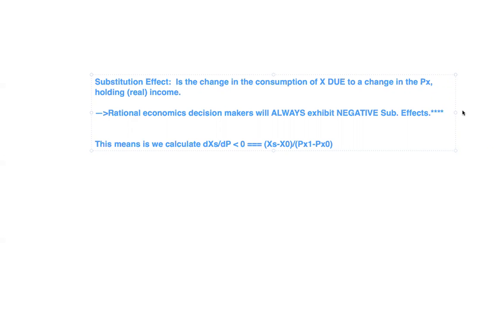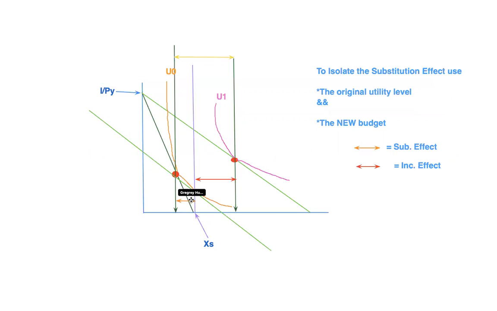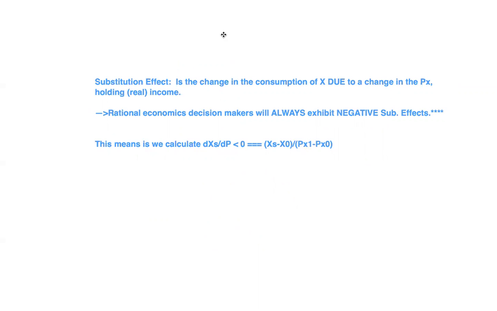So it's the substitution effect in terms of the change in the quantity. On this diagram, it's the orange distance between x0 and xs. It's that change that we're calculating. Does that make sense, Derek? Yes. So yeah, our theory says this number is always less than 0.